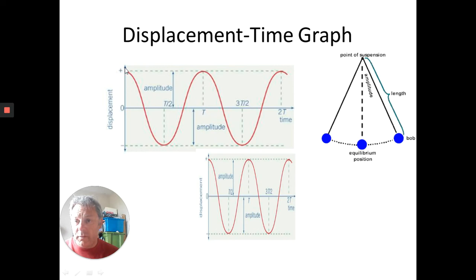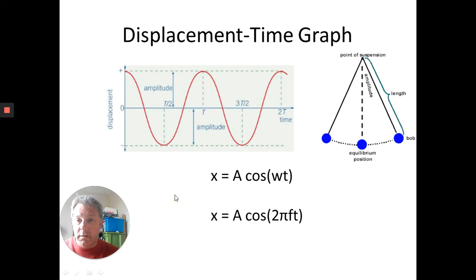Okay, your total displacement, if your amplitude's higher to start with, you can obviously have different displacements than if your amplitude is lower. So the equation that relates to this is this: x, your displacement, is equal to A, your amplitude, cosine omega t. Now remember, omega is 2 pi f, so we can stick in there that x is A cos 2 pi f t.